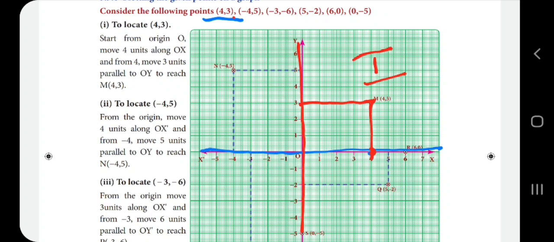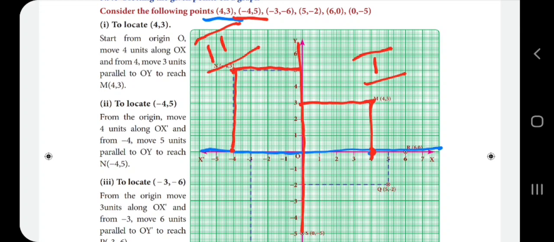If you see the second, (-4, 5). Minus 4 on the x-axis, you can find here, and 5 on the y-axis. So (-4, 5), you can plot the point here. This is in the second quadrant, which is minus comma plus.